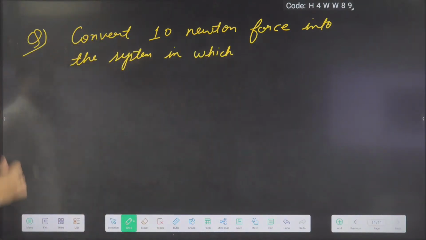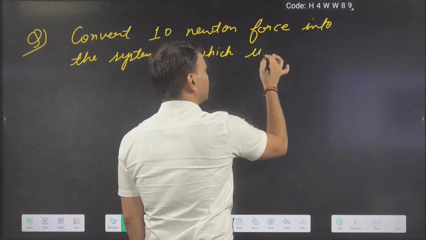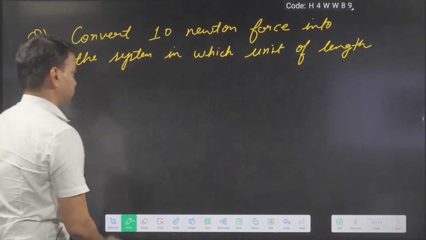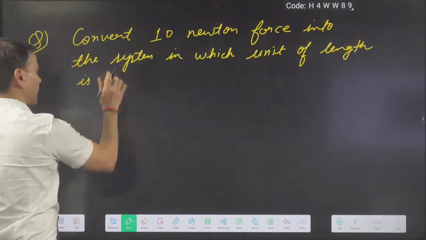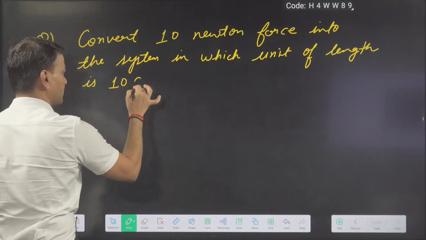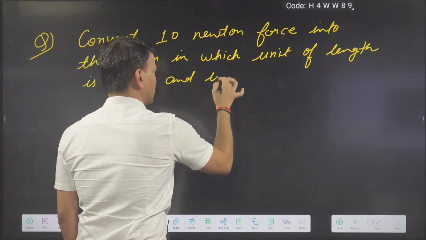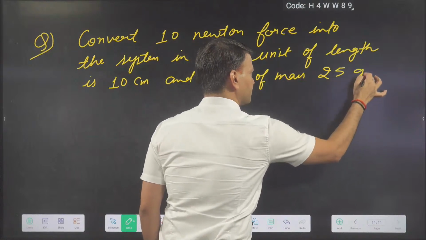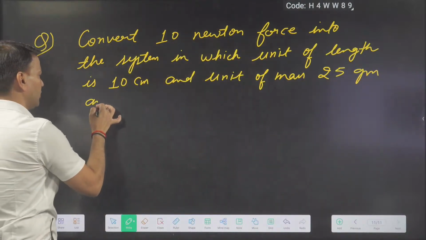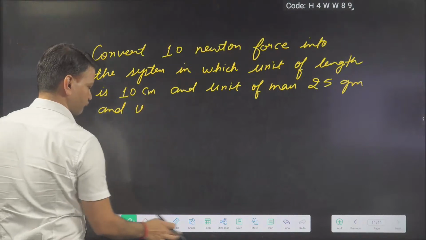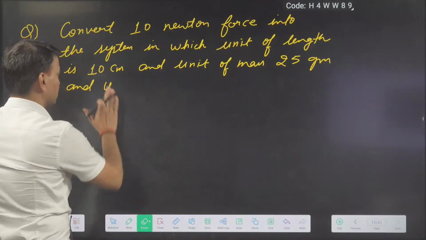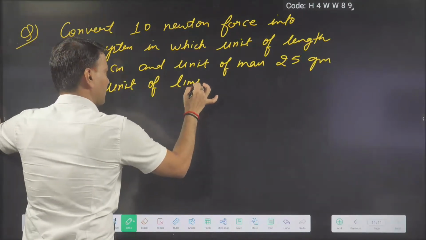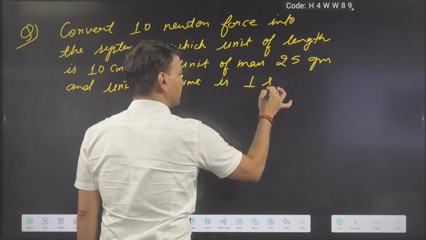We have to convert the 10 Newton force into the system in which unit of length is 10 centimeter, unit of mass is 25 gram, and unit of time is 1 second.